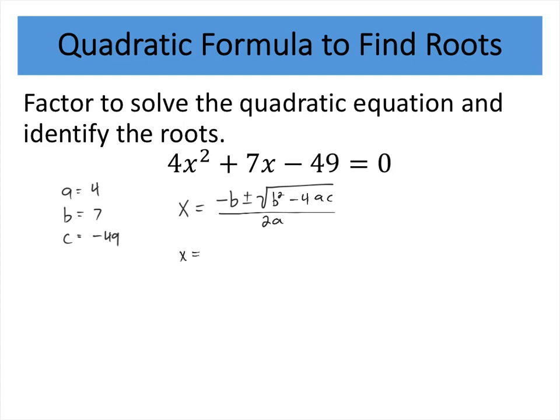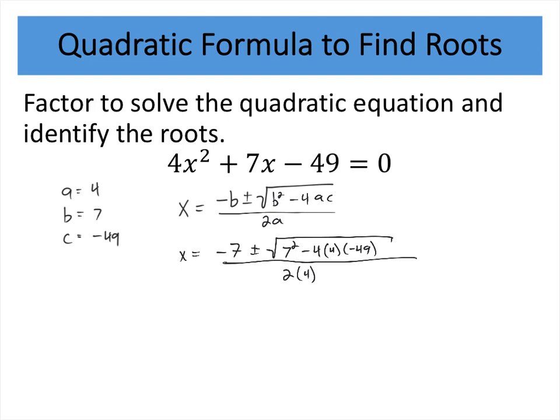And the x goes in there, and negative b is negative 7, plus or minus the square root of 7 squared minus 4 times a is 4, and c is negative 49, all of that over 2 times a, and a is 4.